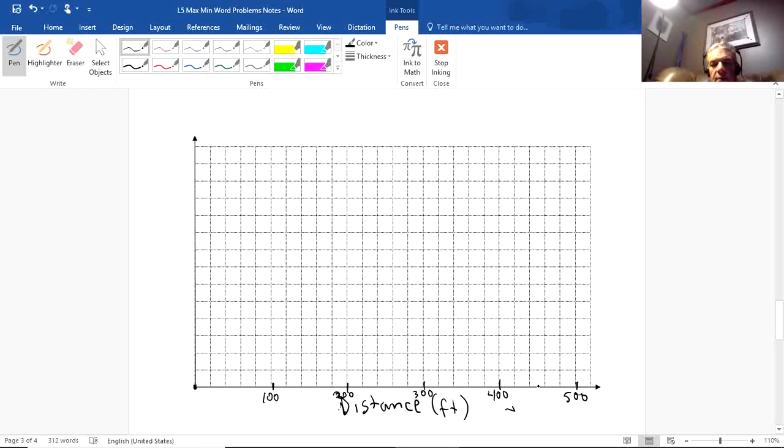So 450 is going to hit right there. It's halfway between. So I know that this ball is going to go something like this and up and back down.